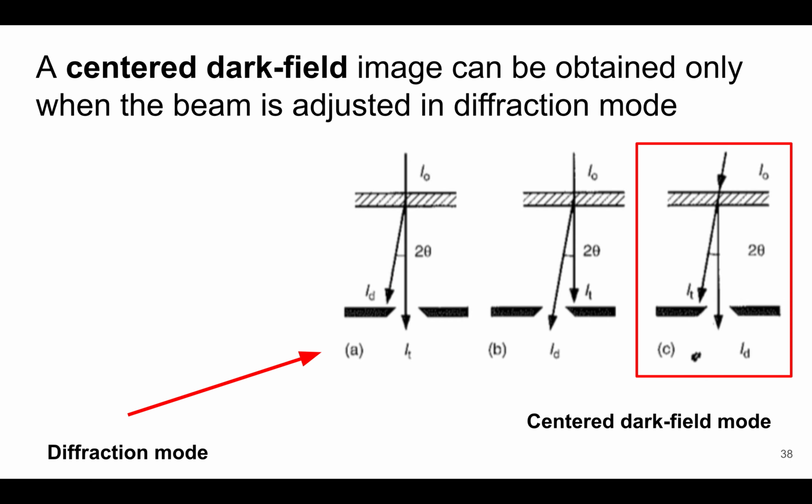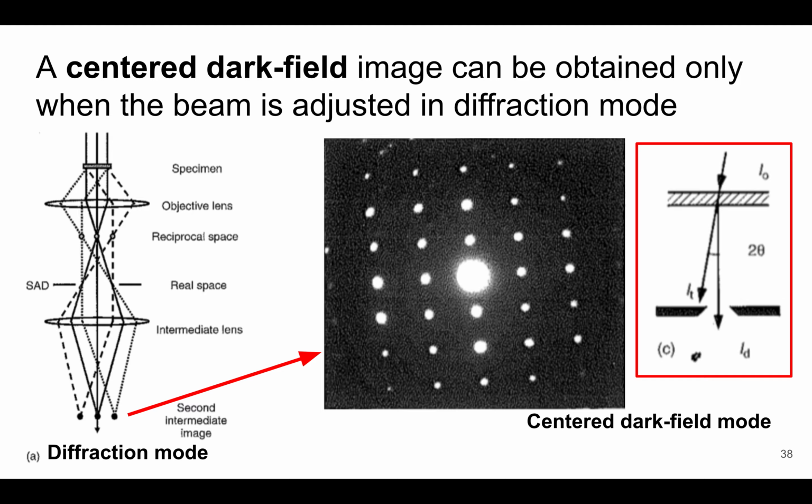The more common way to do dark field imaging is centered dark field imaging. This is the third schematic that I showed. Again, we have an incident electron beam, our sample, and then the transmitted beam here, and the diffracted beam.